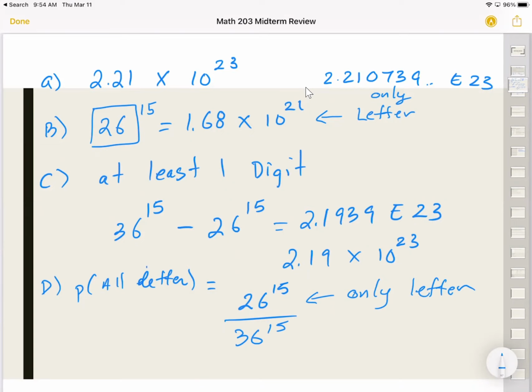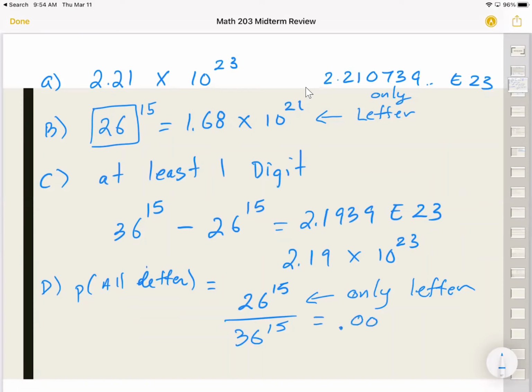We need to know how many possible letter passwords there are, which is 26 raised to the 15 power. Why 26? Because that's all the letters there are. Divided by the total possible passwords, which is 36 raised to the 15. So if you type this in, 26 raised to the 15 power divided by 36 raised to the 15 power, do you agree that you have, did they say 4 decimal places?